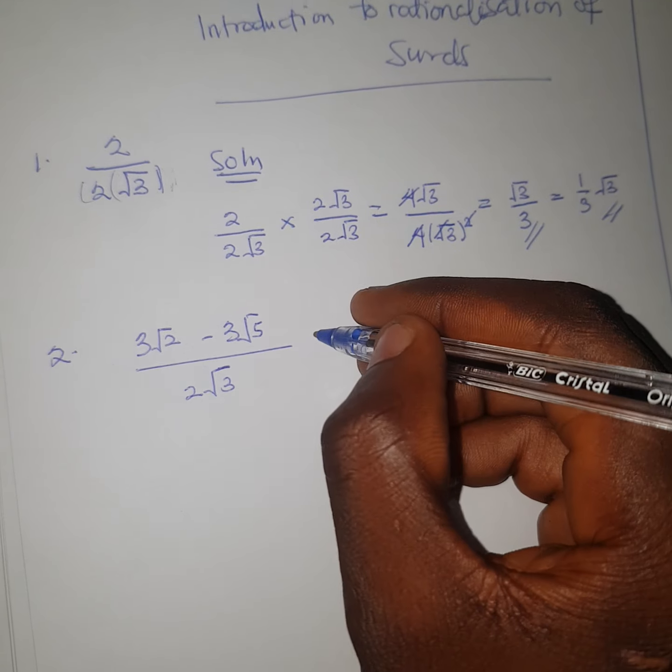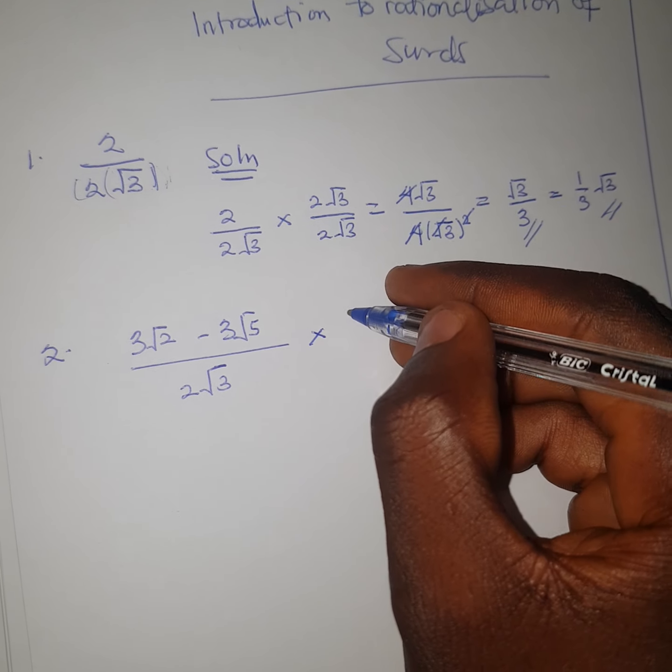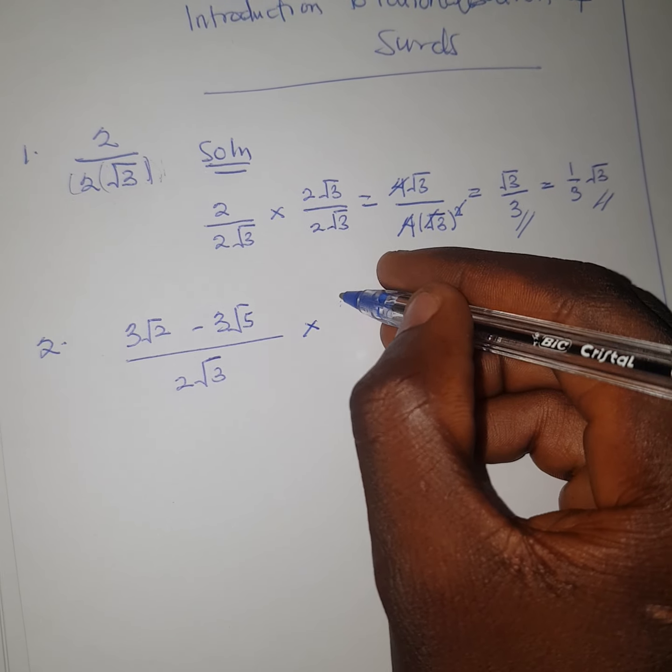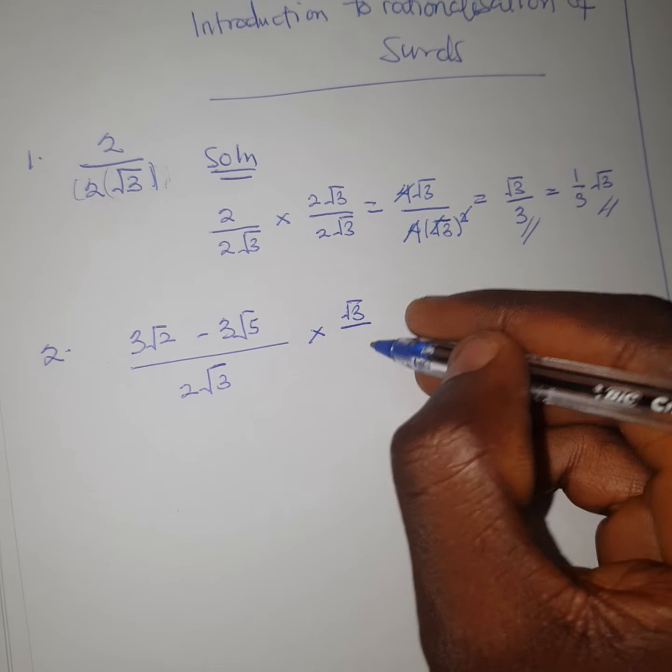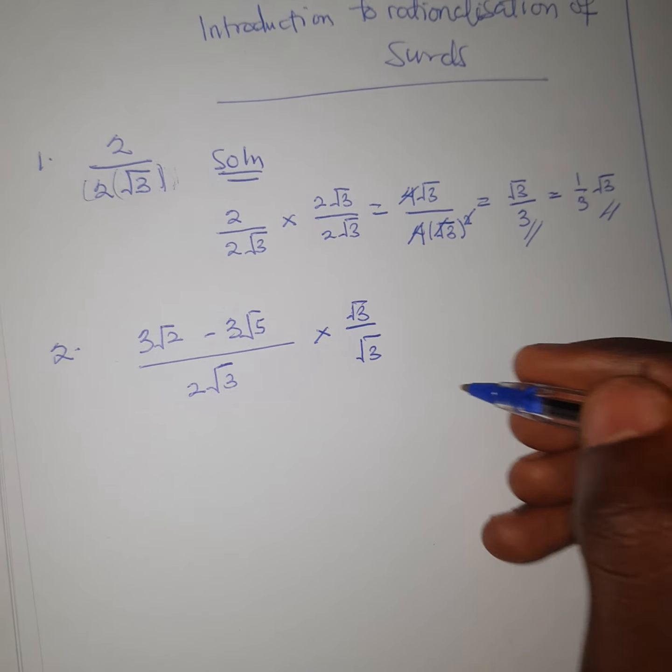And so this will give us root 3 over root 3.